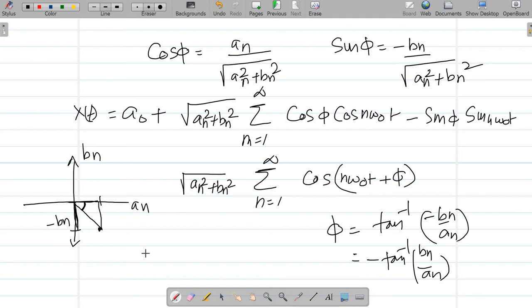This phi is tan inverse of the magnitude of Bn divided by the magnitude of An. But since we are going in the negative direction, I have to put a minus.